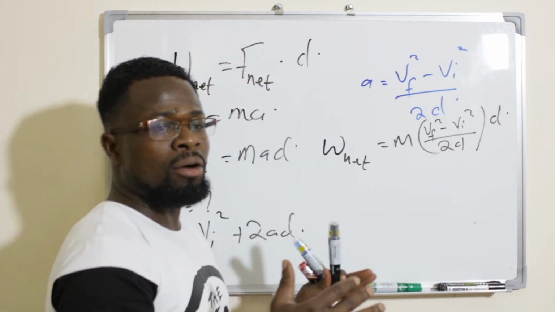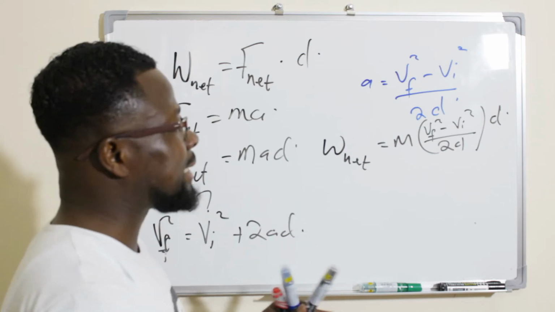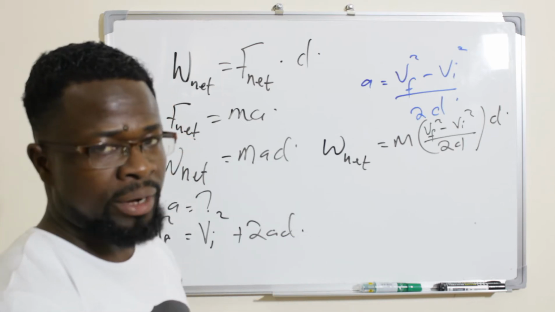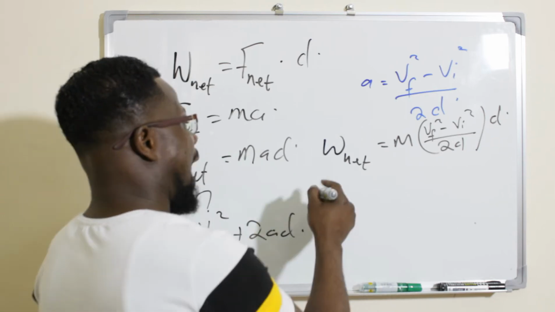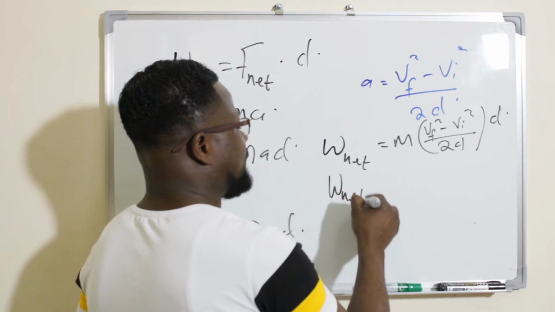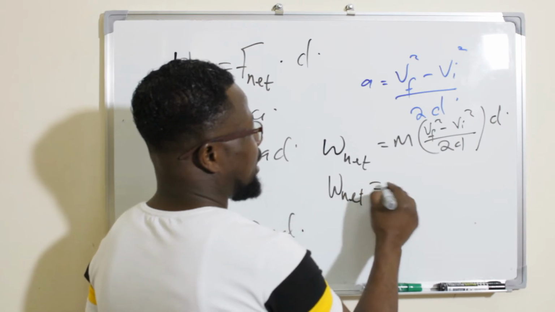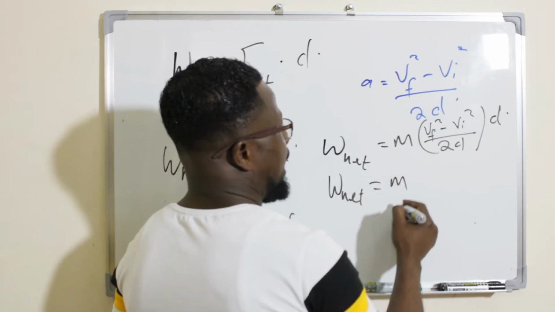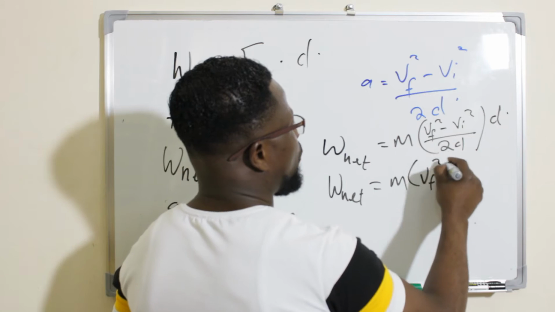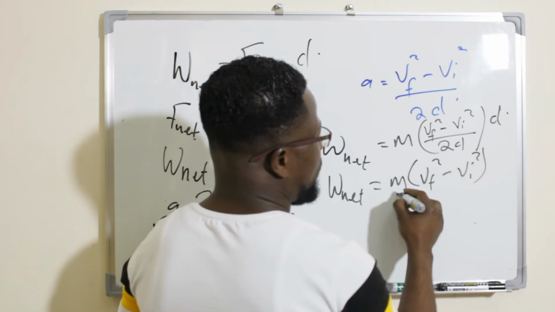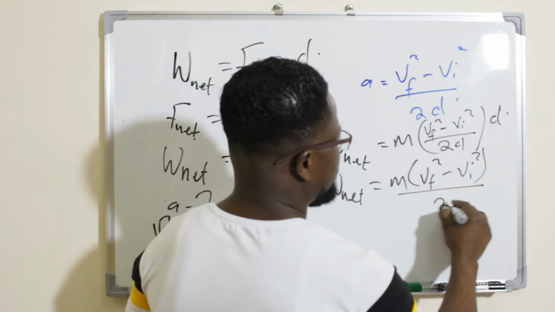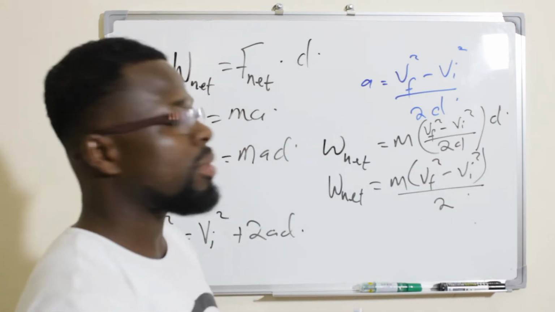I can cancel out the d because one is a denominator and one is a numerator. So mathematically, it is possible to cancel out one. So W net is now equal to m into Vf squared minus Vi squared, divided by 2, because now I'm left with just 2.